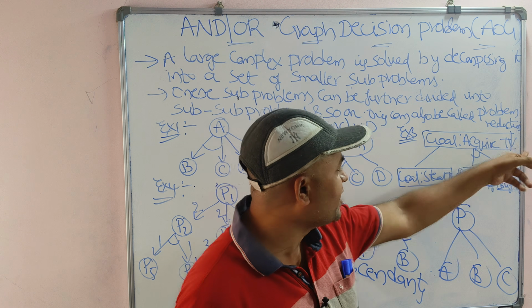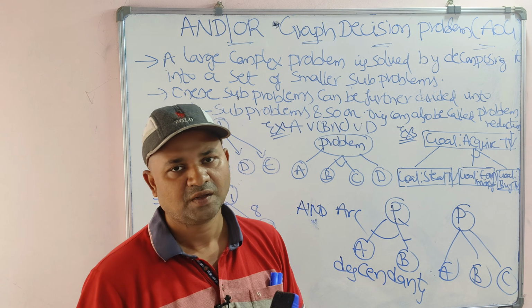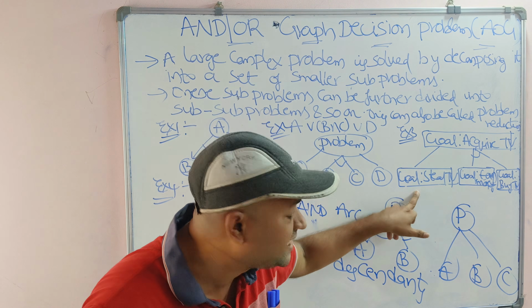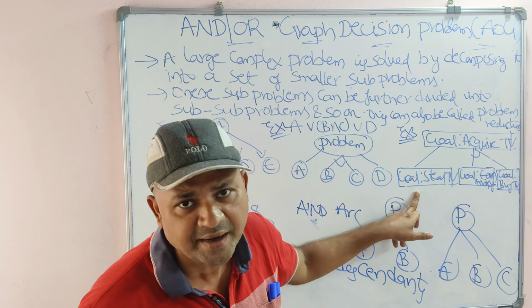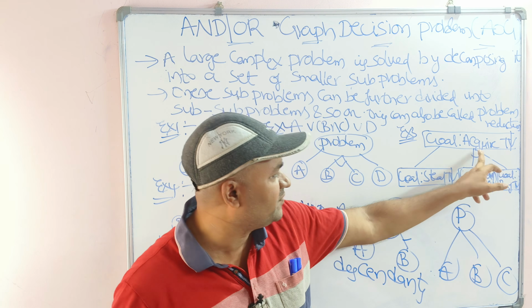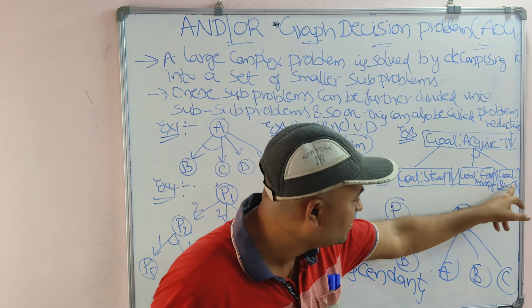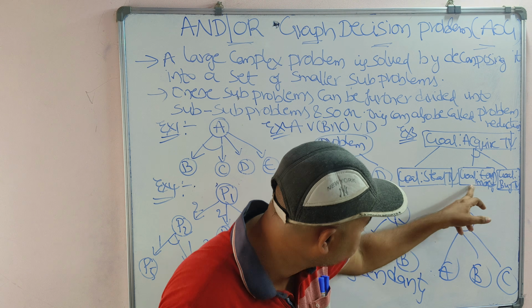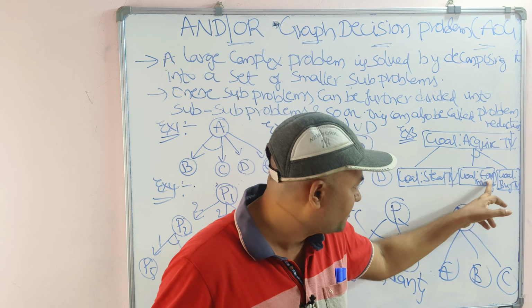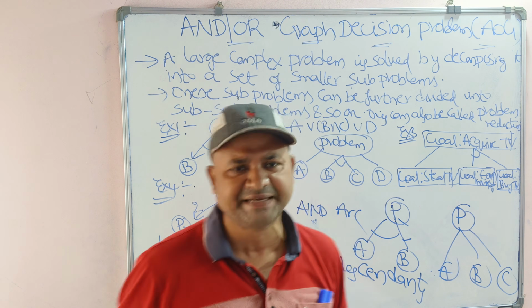So we can acquire the TV by either stealing the TV, or earning money and buying the TV. So here we have AND. AND means we must execute both these statements: earn the money and then buy the TV.